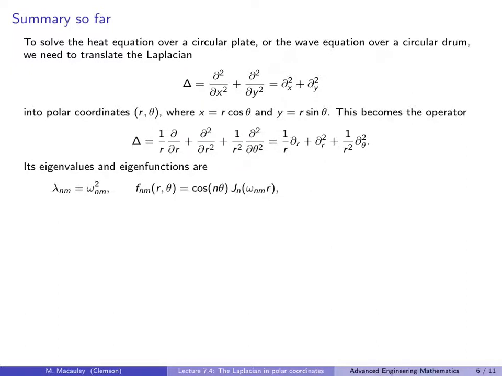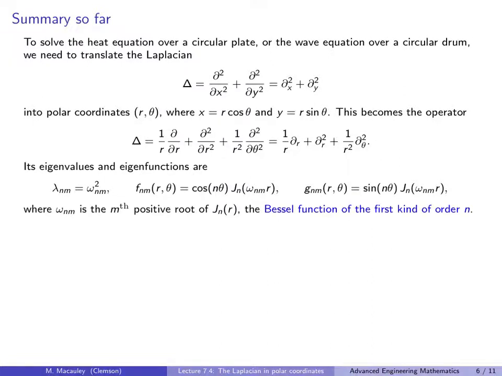So we'll call the first one fnm of r and theta, which is cosine n theta times Jn of omega nm r. And the second one, we'll call gnm of r and theta, which is sine of n theta times Jn of omega nm r. Once again, omega nm is the mth positive root of Jn, which is the Bessel function of the first kind of order n.